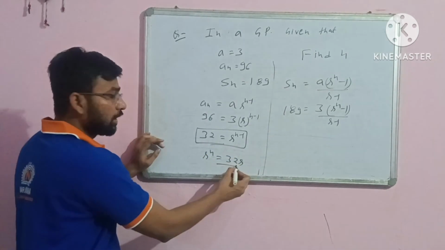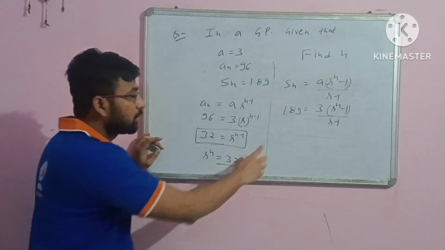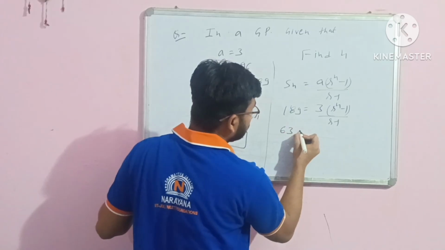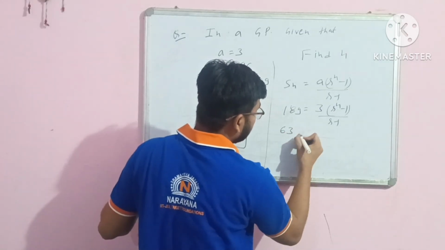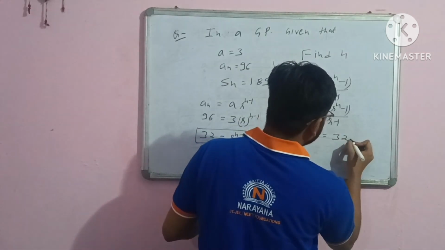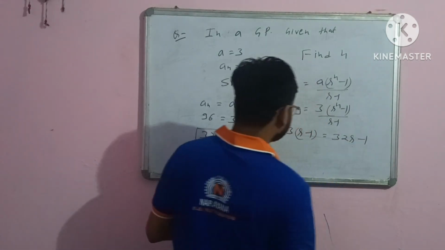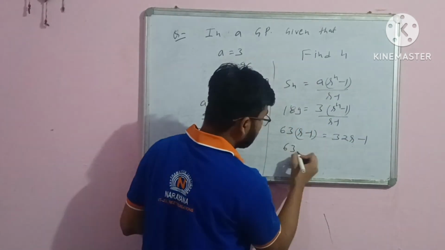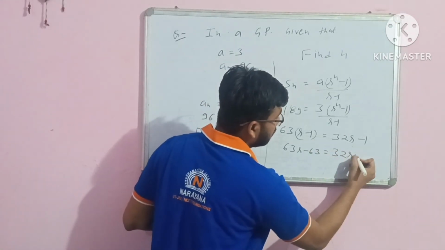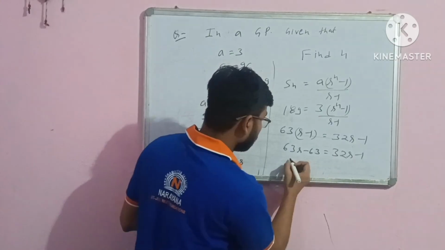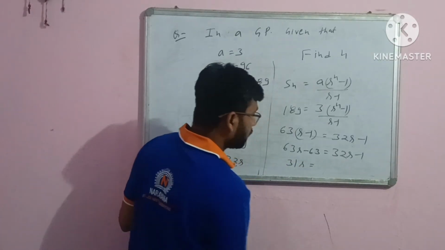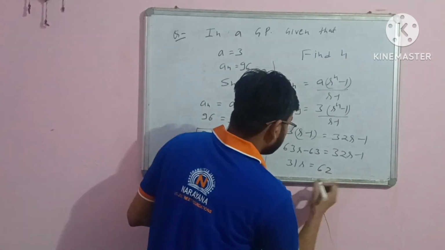Now we will put this value of r to the power n in this expression. Then we will get 63r minus 63 equals 32r minus 1, so 31r equals 62.